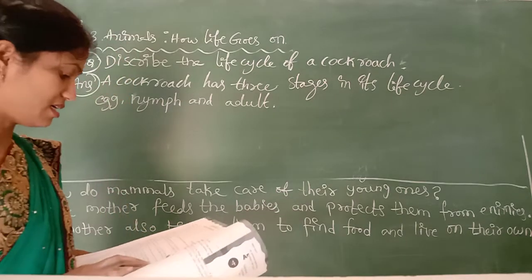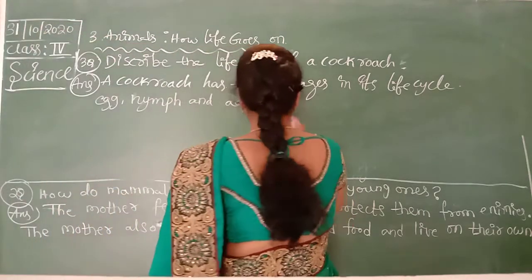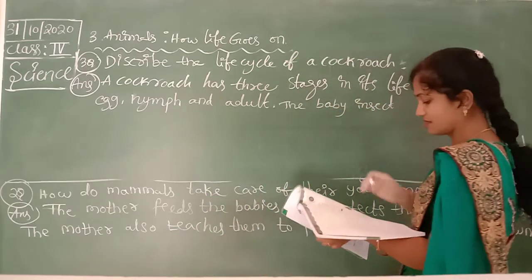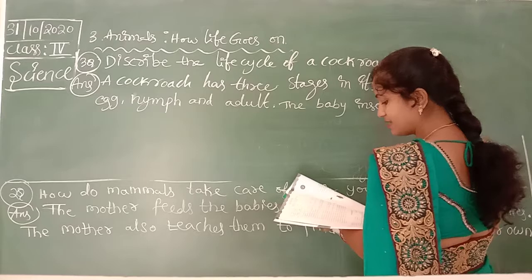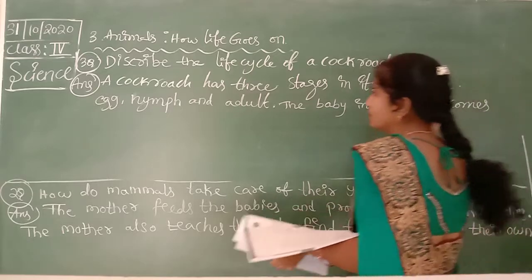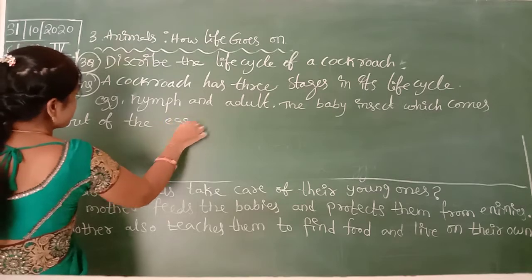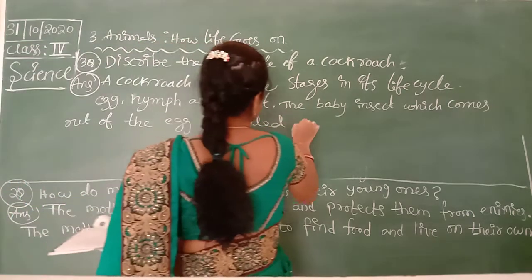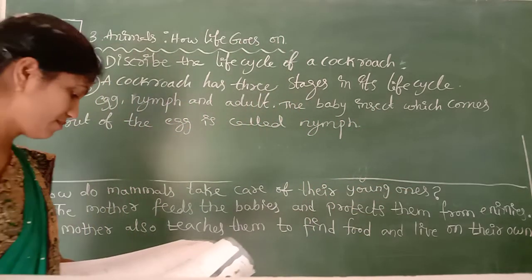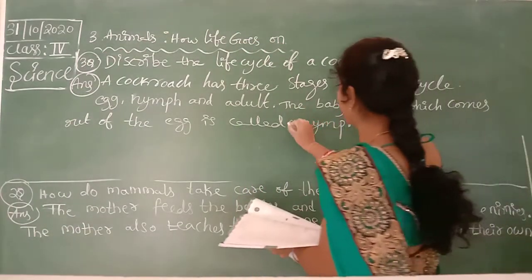Egg, nymph and adult. The baby insect which comes out of the egg is called a nymph.